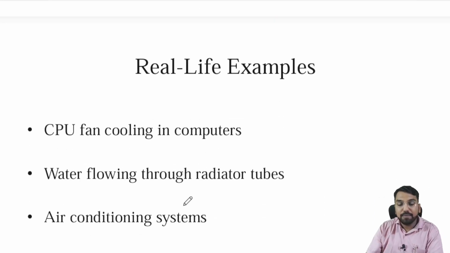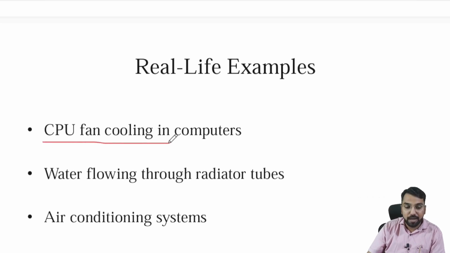Real life examples of forced convection heat transfer are CPU fans for cooling in computers. The CPU, the central processing unit in your laptop or PC, has a fan-like structure. It is used because for a smaller area you have to extract the heat in a more efficient manner, so the fan, an external device, is used to control the fluid motion.